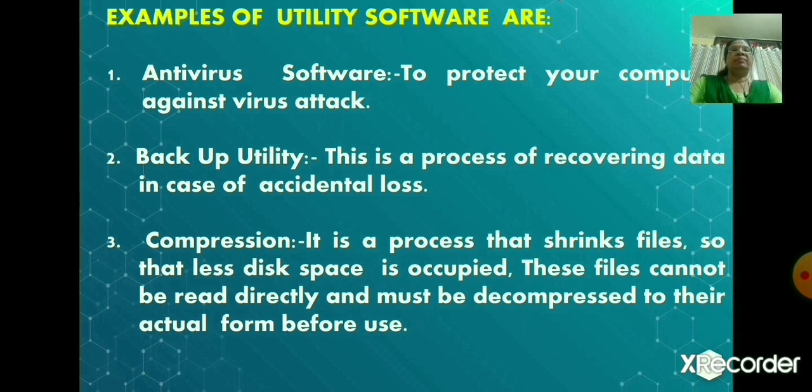With the help of compression, we can reduce the size of the file. You can shrink files so that less disk space is occupied. These files cannot be read directly. Suppose, for example, you want to put a movie file in your pen drive, but in the pen drive less space is there. Then what will you do?